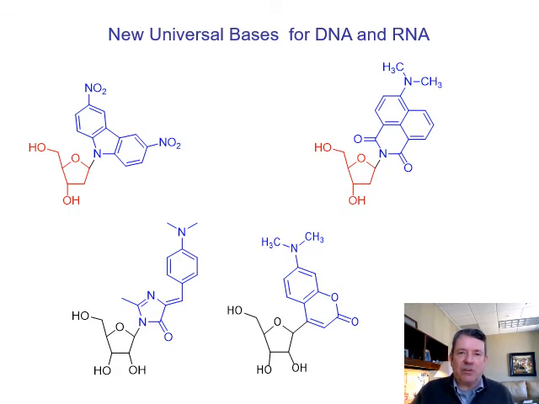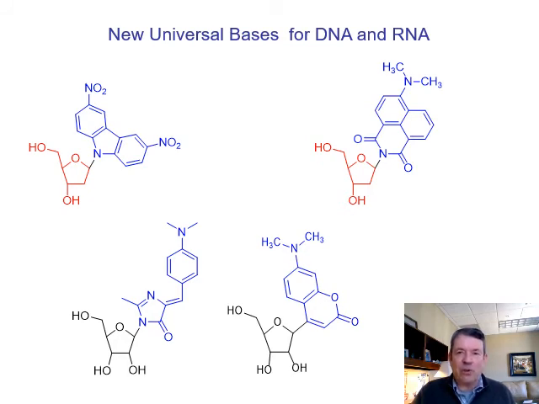Finally, we are interested in developing new bases that do functional things. So one thing we're very interested in are bases that have no base pairing specificity, a universal base. This is an example of one of those that we've made. What's interesting about this is that it can be used as a wild card in a probe molecule. It has no base pairing specificity for A, G, C, or T, and so it can be put at any position and will accept any partner in a duplex.